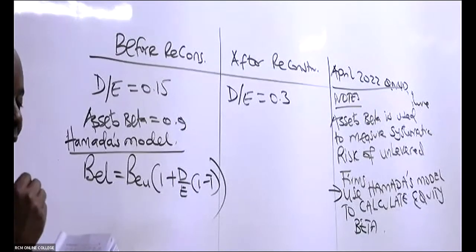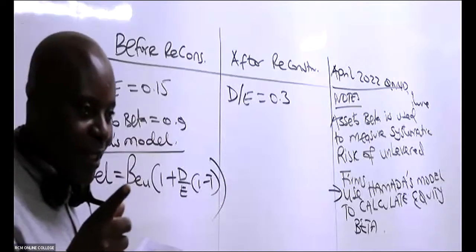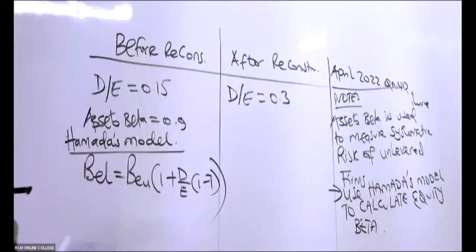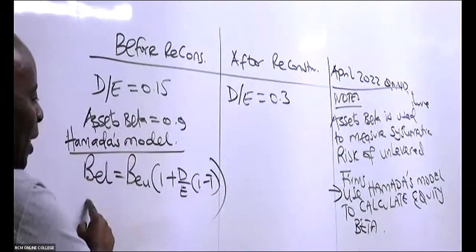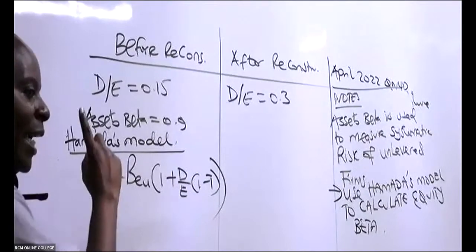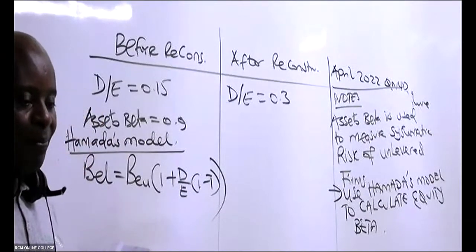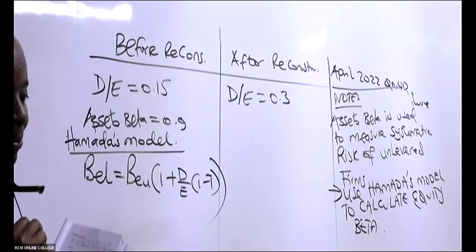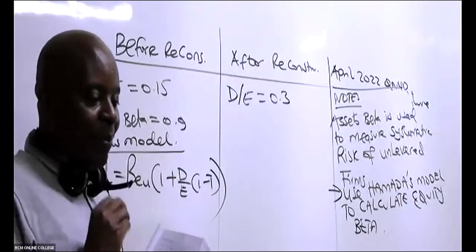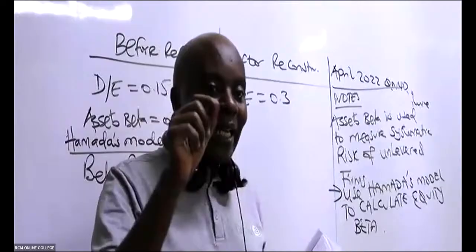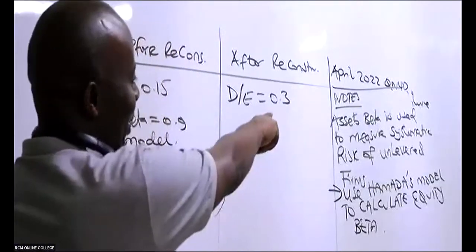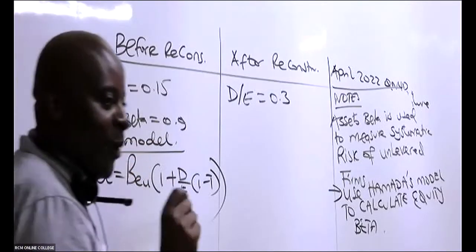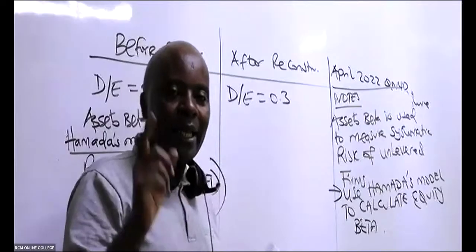A levered firm is a firm with debt. How about BEU? BEU is beta equity of an unlevered firm, also known as asset beta.